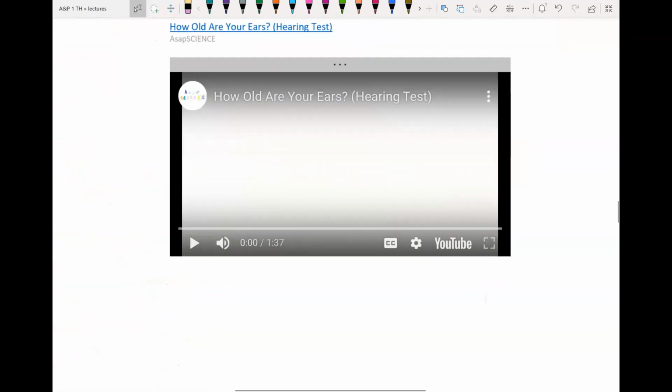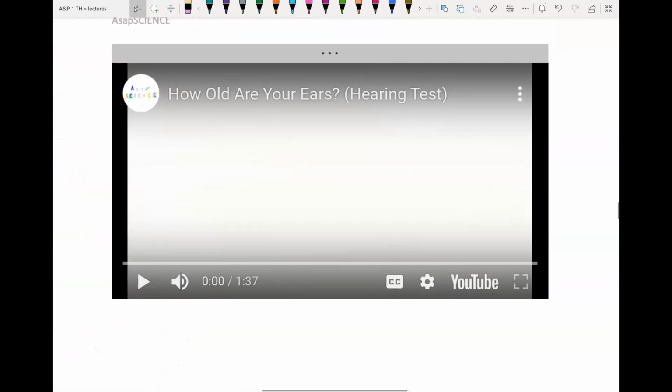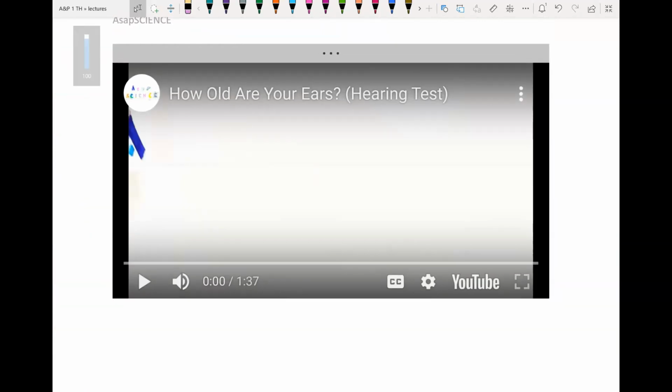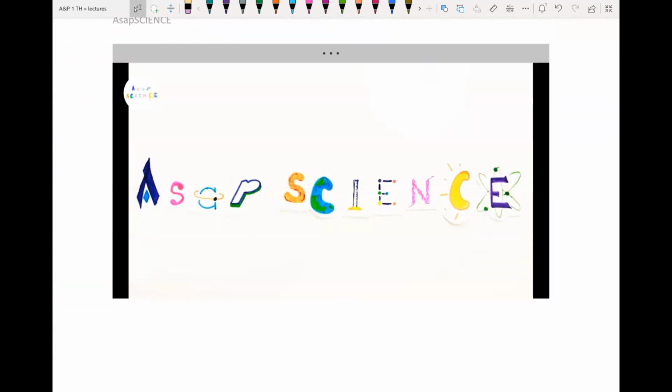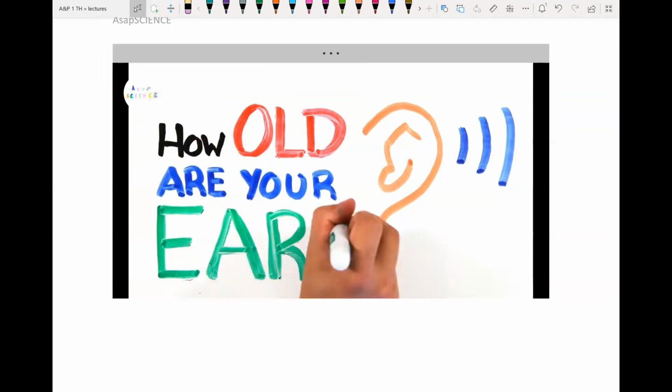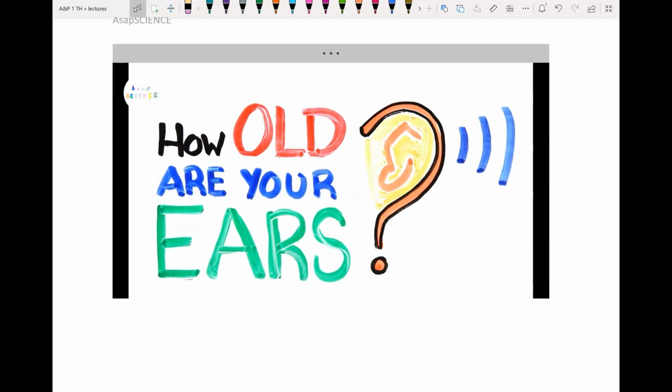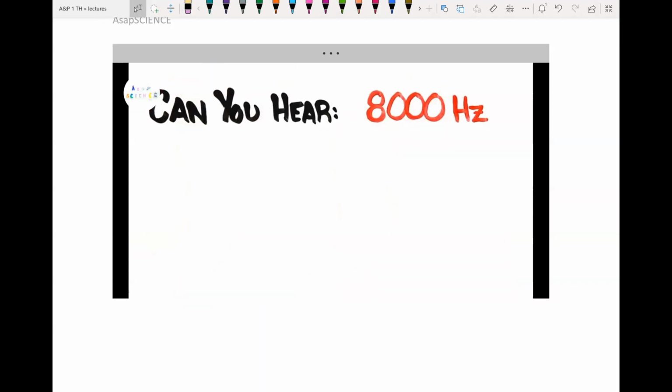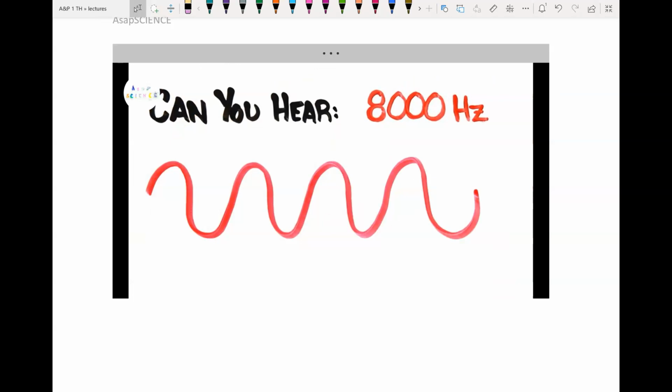So there's this interesting thing you can do, a hearing test. As we grow older, we often lose the extreme ends of our hearing spectrum. So how many of the following sounds can you hear? How old are your ears? Okay, if you can hear 8,000 Hertz, you're both alive and not hearing impaired.